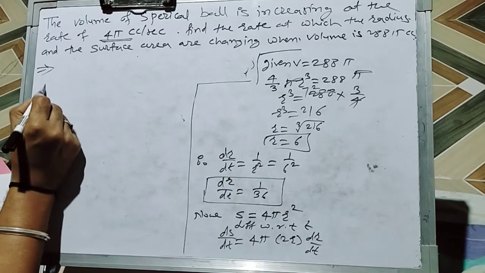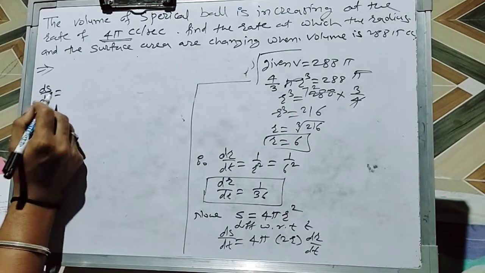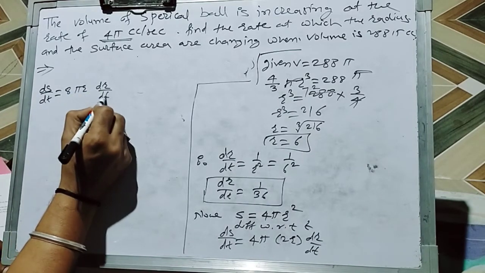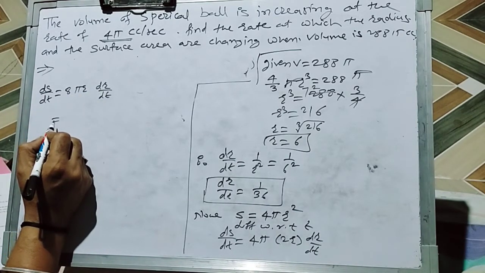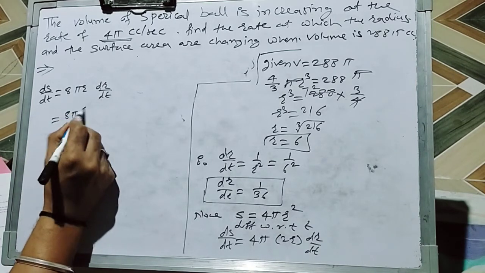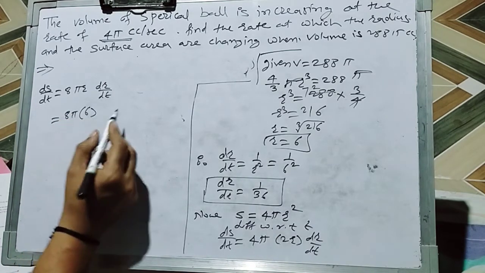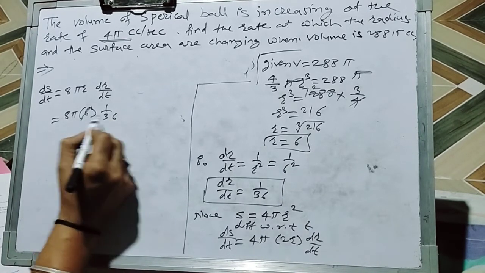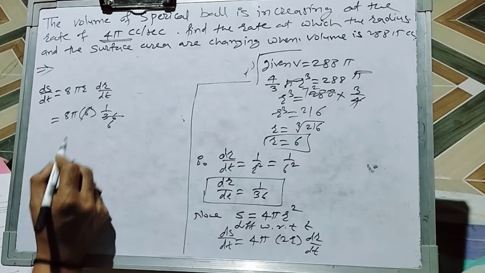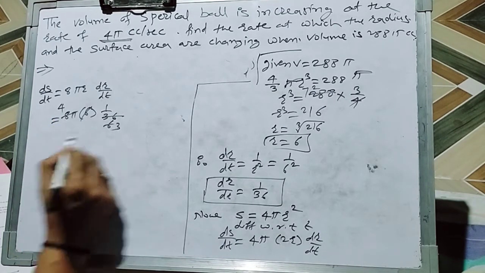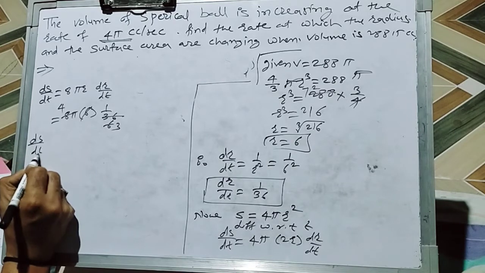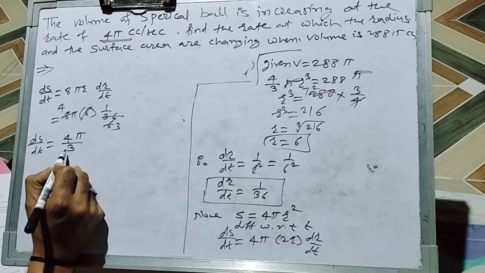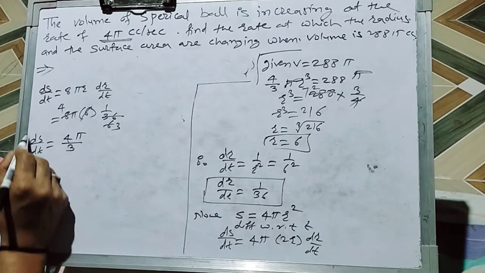So therefore dS by dt is equal to 8 pi r dr by dt. So this is simply equal to 8 pi, r means 6, and dr by dt means 1 divided by 36. So here 6 sixes are 36, and 2 fours are 8. So dS by dt is equal to 4 pi divided by 3.